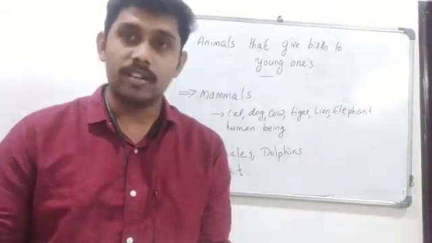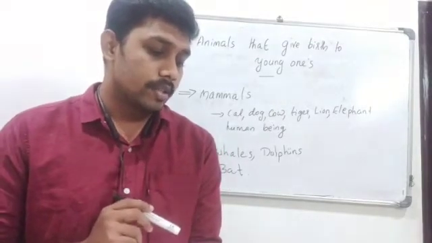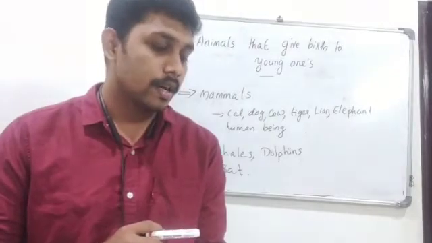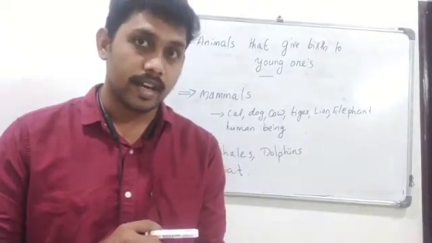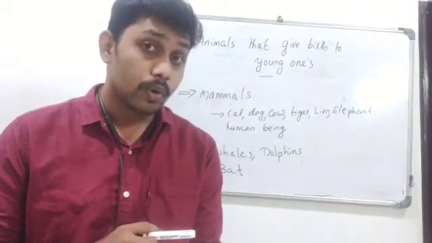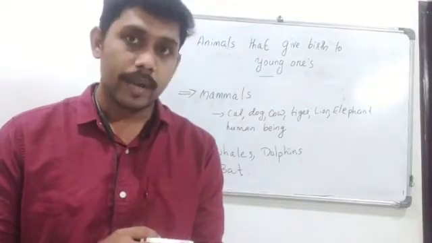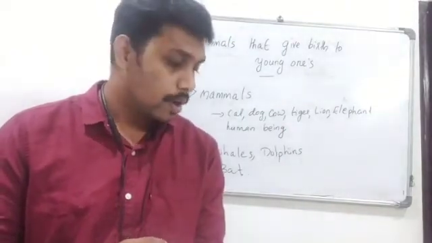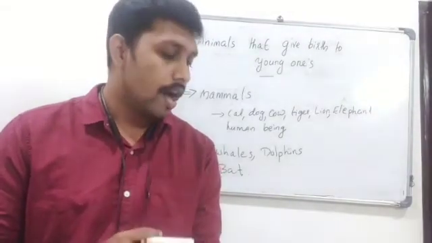I'm going to read the first question. The young ones of cockroaches are called: tadpoles, cocoons, nymphs, and caterpillars. The answer is nymph, the third one, C. The second question: frogs are dash.